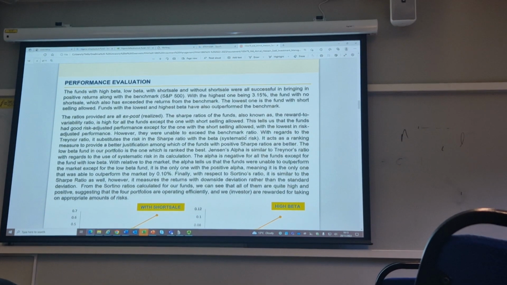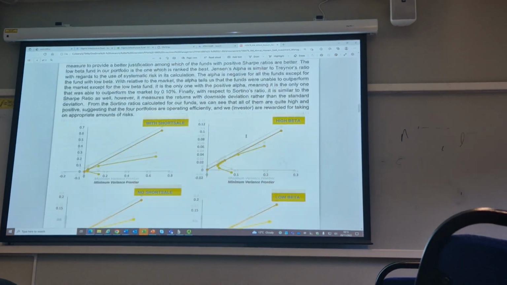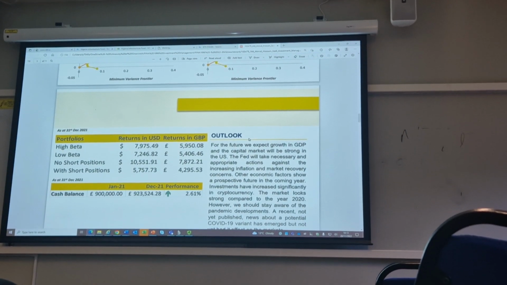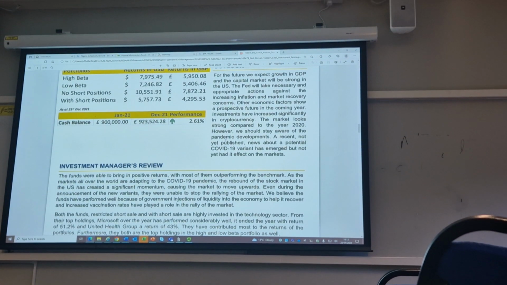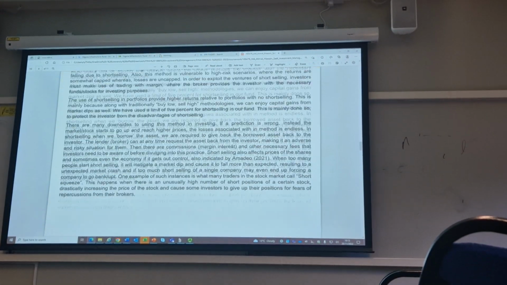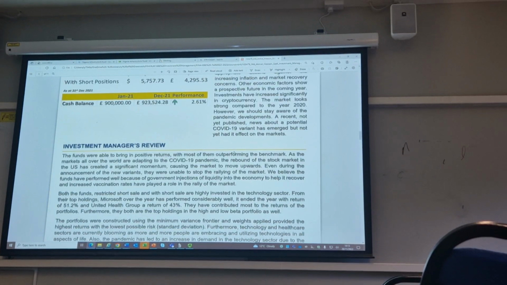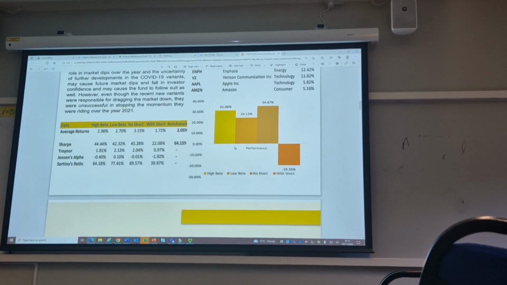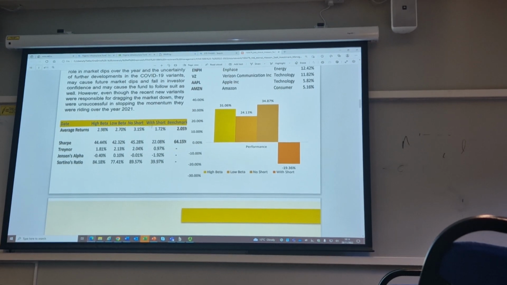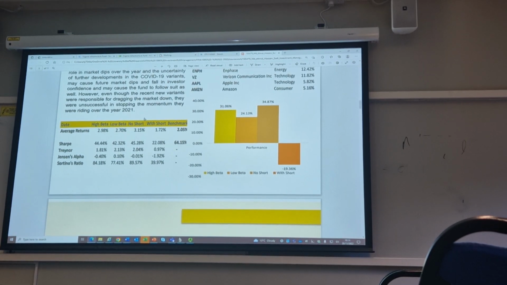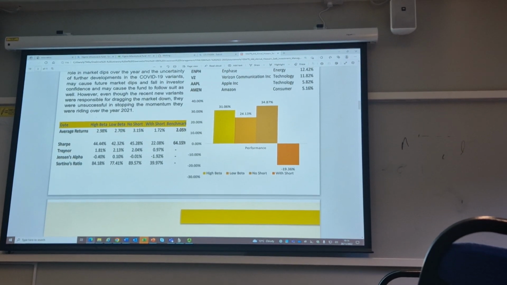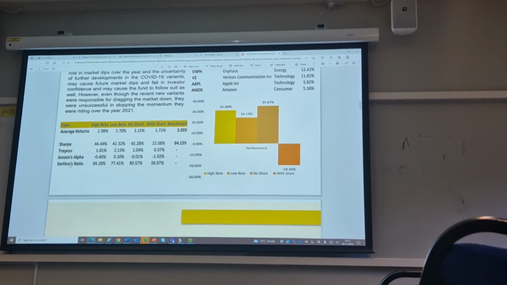And then performance evaluation. We basically need to present a table to show returns and the risk, and then there should be further information like the Sharpe ratio. Here is the table to show the performance of these four funds: Sharpe ratio, Treynor ratio, Jensen's alpha, and Sortino ratio.